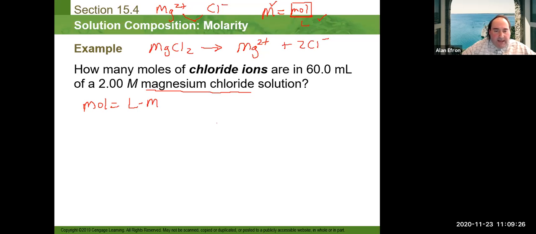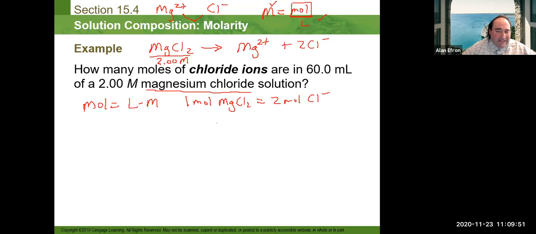But again, we're not interested in the whole thing, which we do have the concentration for, which is 2 molar. We're interested in just the chloride ions. So as we saw before, we could see that the relationship is for every 1 mole of the whole thing, we do get 2 moles of the chloride ions. So we really could use that as sort of a conversion factor here.